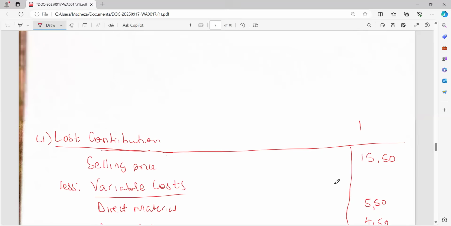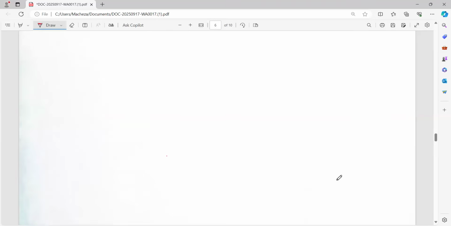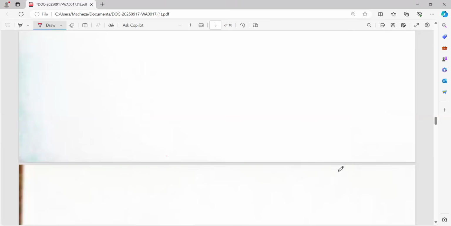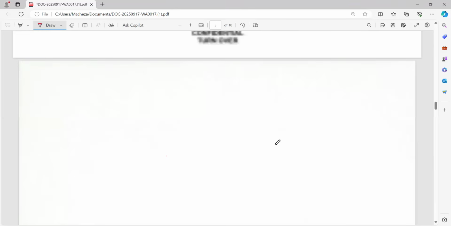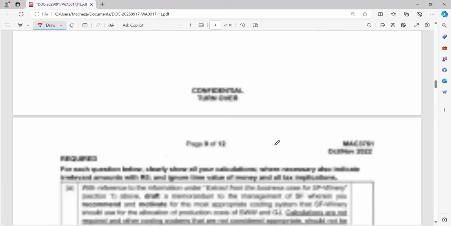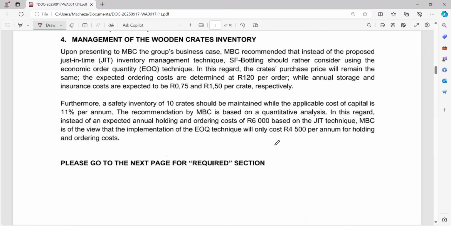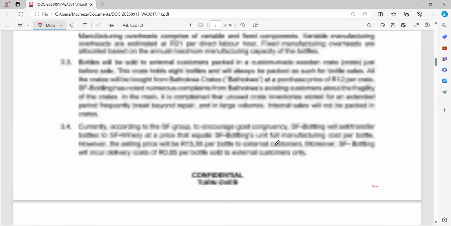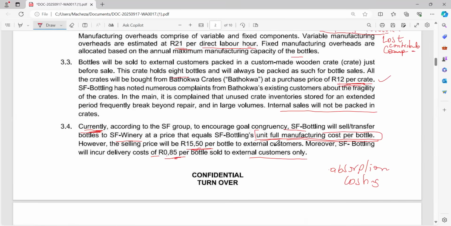We need to determine how many bottles go to the crate. The selling price is per bottle. The crate holds 8 bottles. So we have to divide 12 Rand by 8. Then we'll get per bottle because we are selling per bottle.